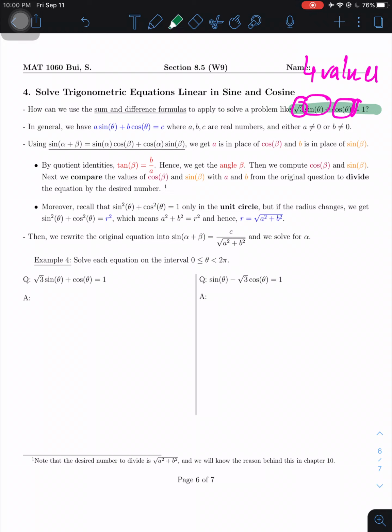So the general form for that question is this. Generally, we're going to have numbers A, B, C, and some sine theta and some cosine theta. What we're going to do is use this formula, the sum of sine.